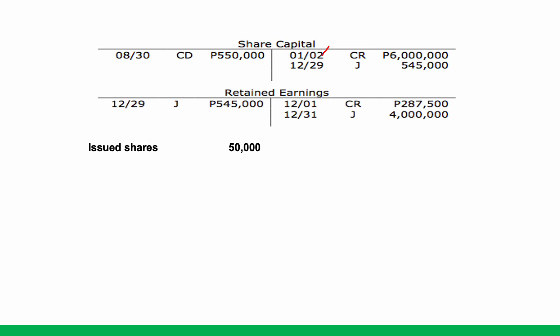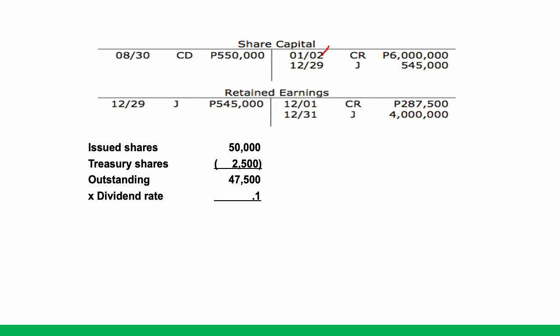Out of the 5,000 treasury shares, 2,500 were reissued. So at the date of declaration, December 29, how many treasury shares remain? 5,000 less 2,500, we get 2,500. So therefore, how much are the outstanding shares? 50,000 less 2,500, outstanding shares were 47,500. And the share dividend declared was 10%.